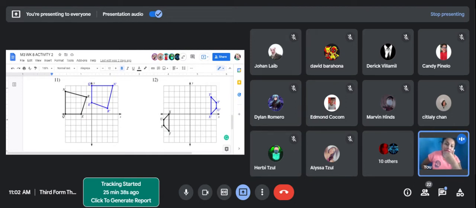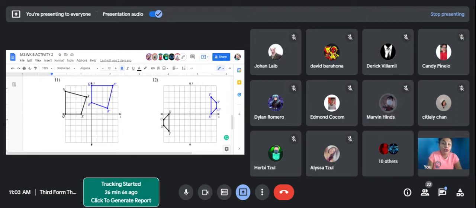How many jumps happen? Anti-clockwise. Anti-clockwise means that it is going like this. When it makes its first jump, it will be here. It makes another jump, it will be here. And when it makes another jump, it will be here. So how many jumps happen?